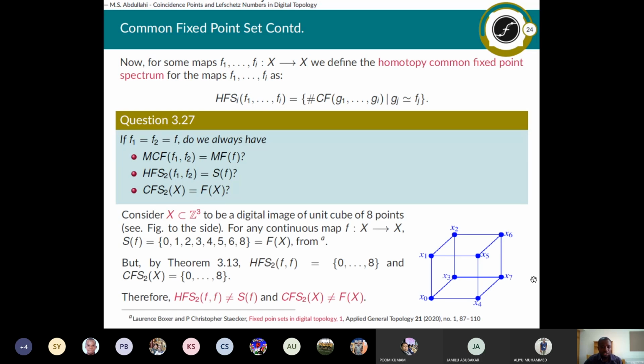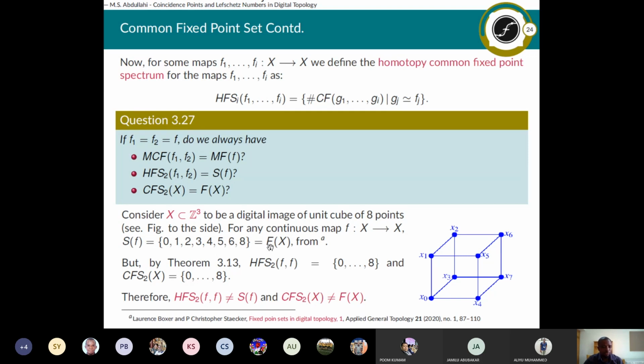And if we consider this example, which is an image X in Z3, we consider this as a three-dimensional image, then it was shown that the homotopy spectrum of any function f is the same as the fixed point spectrum.